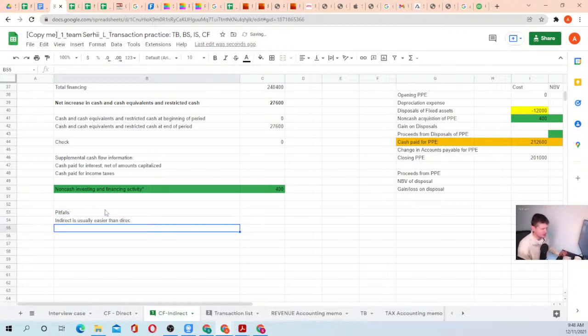So indirect is usually easier to do than direct, because when you do the direct method, you do the direct method first and you also then do the indirect method. It doesn't make any sense, but that's how the standard requires you to do that. Okay, so next, bad debt provision.